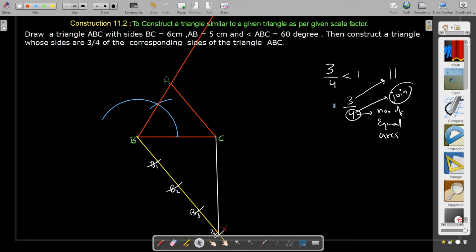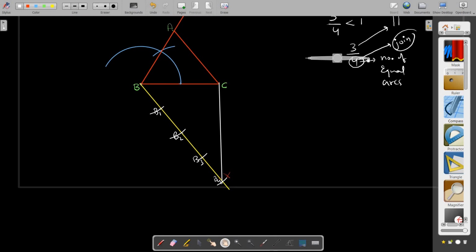As we have learned in the previous videos, for drawing parallel lines, we will not slide the scale and draw parallel lines, neither will we use a protractor for constructing equal corresponding angles. So the procedure for drawing parallel lines is to place the compass pointer at B4 and take a certain radius.